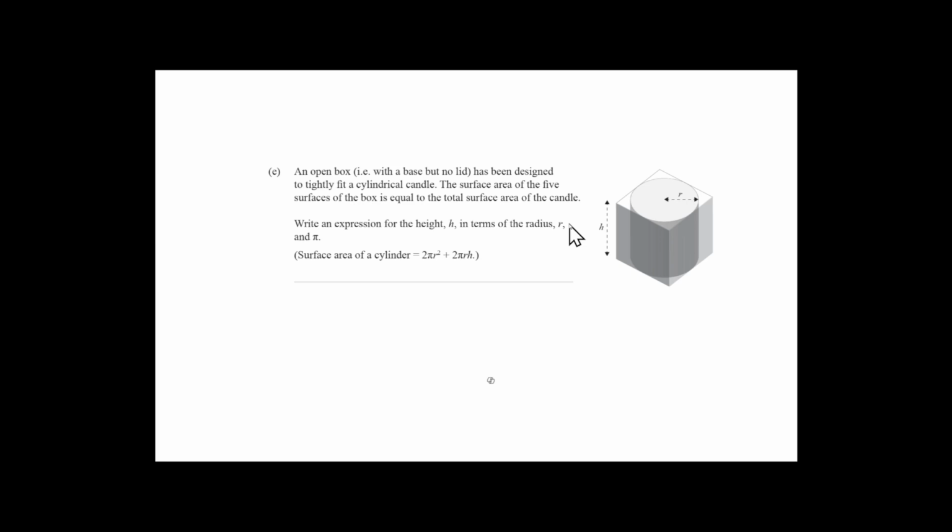All right. Well, if this is inscribed within this box, this means that this side here must be 2r, and that side there must be 2r.